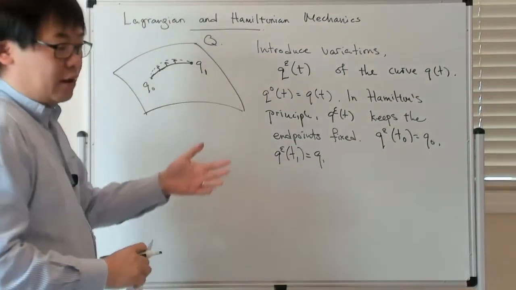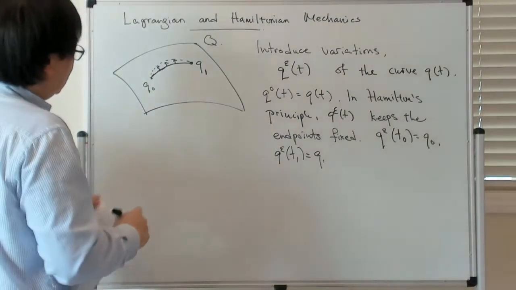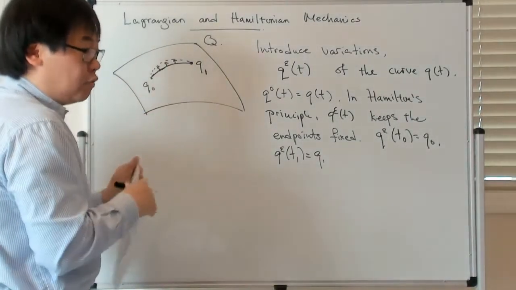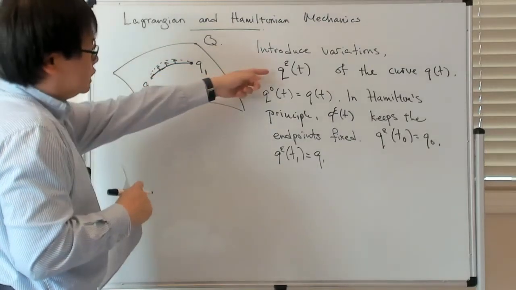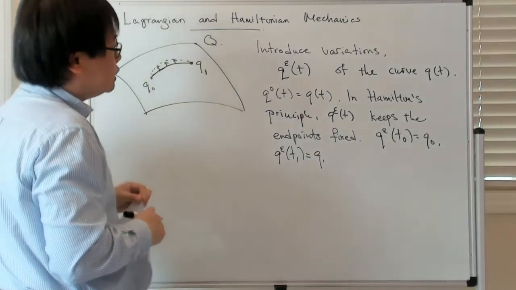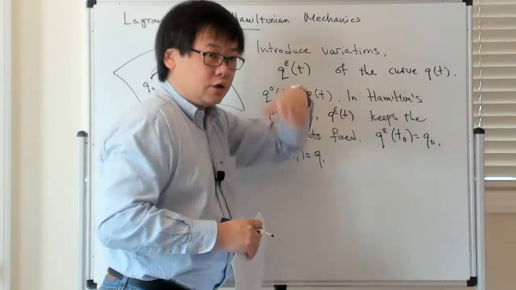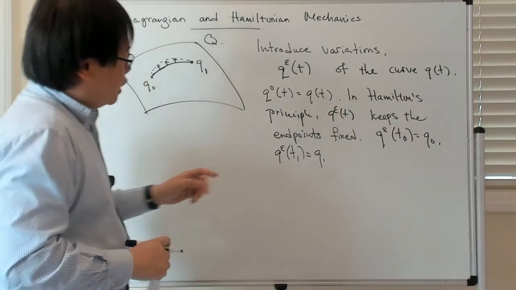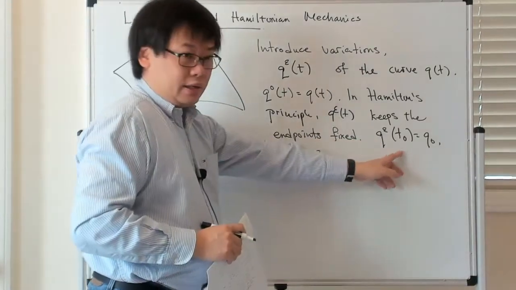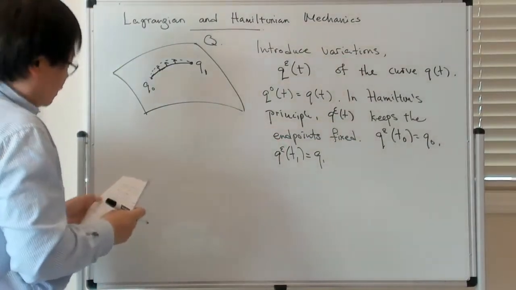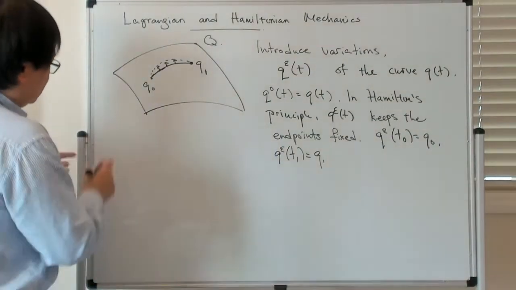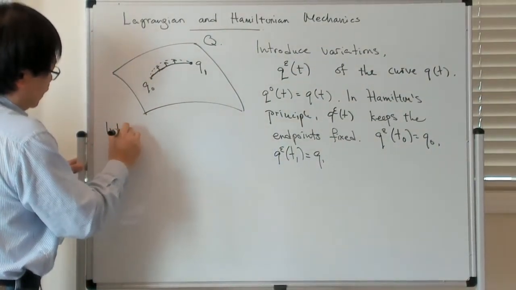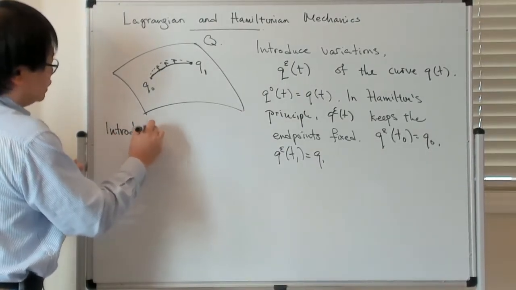This is the parametrized family of variations for which you want the action integral to be stationary. So with this variation, you can introduce two things. You can introduce what is called an infinitesimal variation.